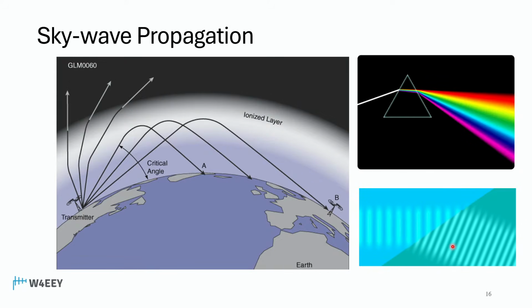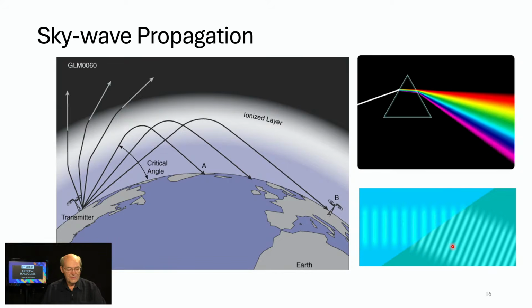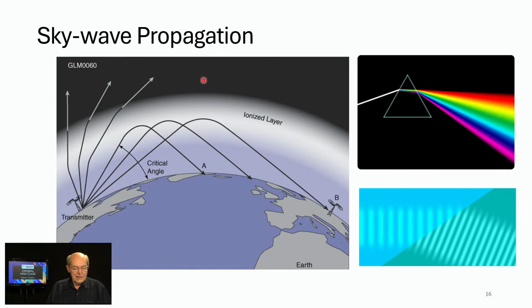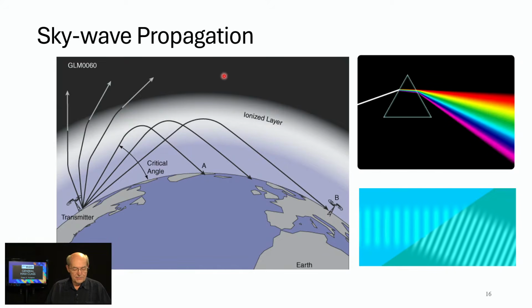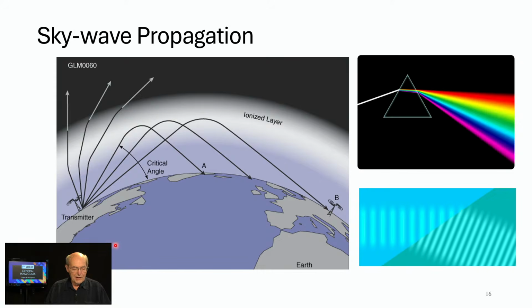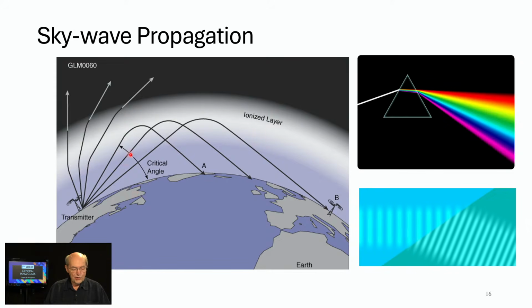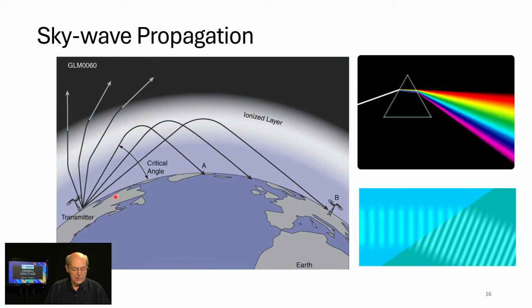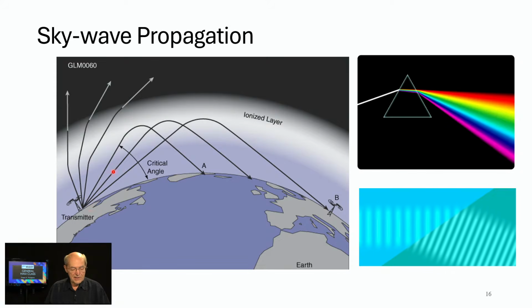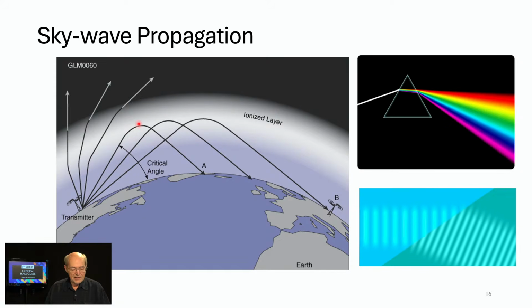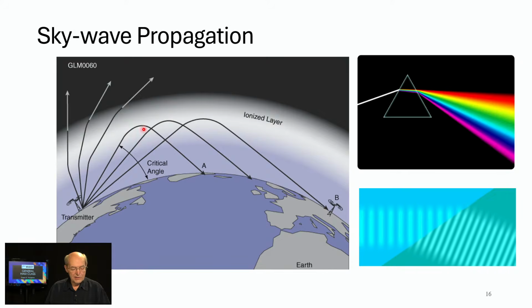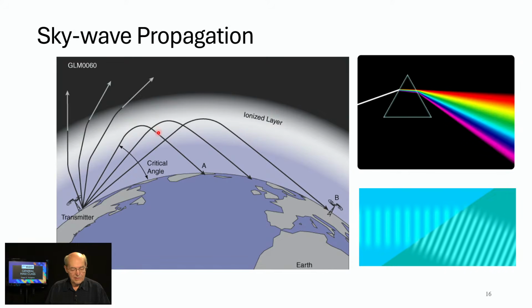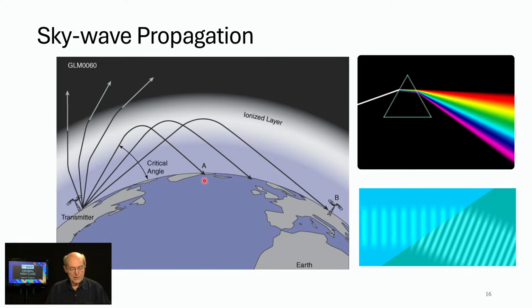Now a couple of interesting concepts here. Here we've got the sun shining down on us. And what happens is that we've got what's called a critical angle. So at some angle from your antenna, this is your transmitting site, there will be enough refraction taking place to actually bend that wave back down so that it comes to the Earth.